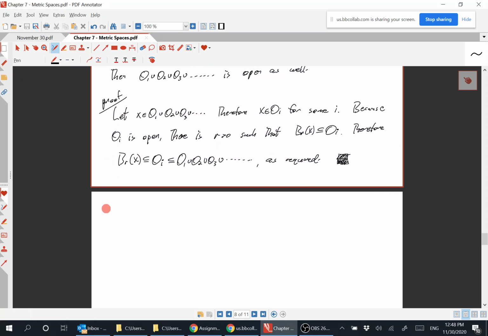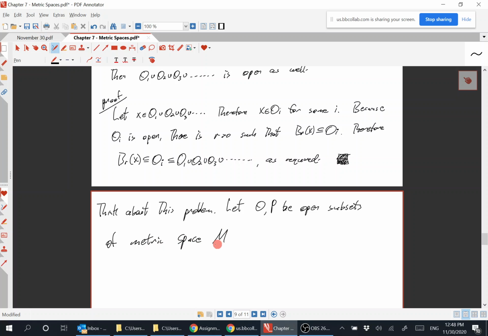Okay, think about the following problem. Let O and P be open subsets of metric space M. Show that O intersect P is open.